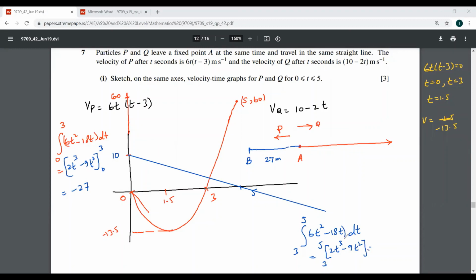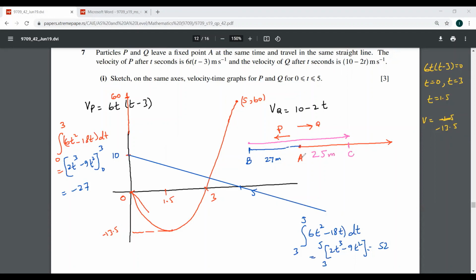When I put the limits here, I get 52. So from this point, it has gone in this direction a distance of 52 meters. Let's say it is here at the point C, and this distance AC is going to be 25 meters. AC is 25 meters.